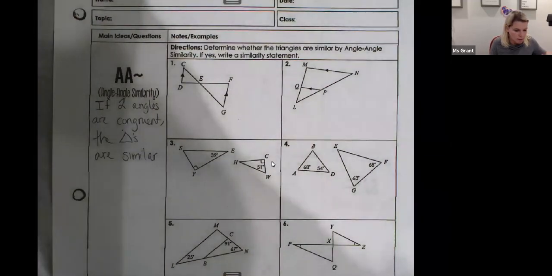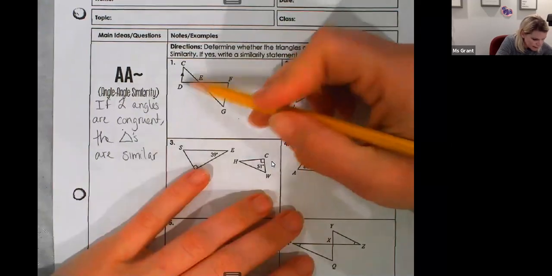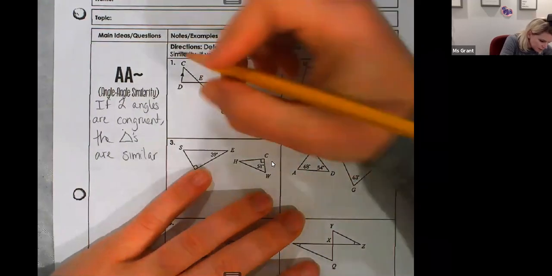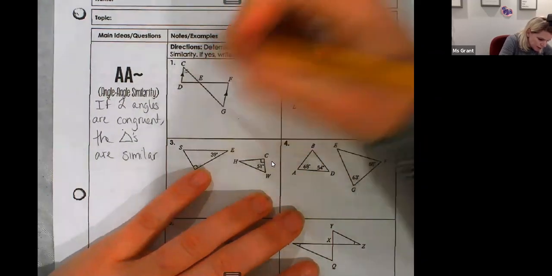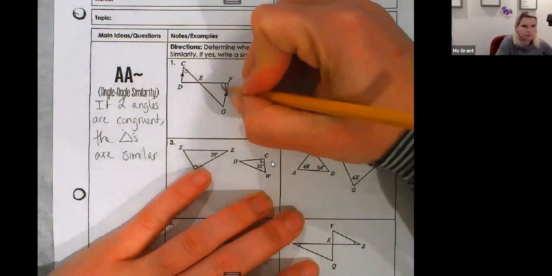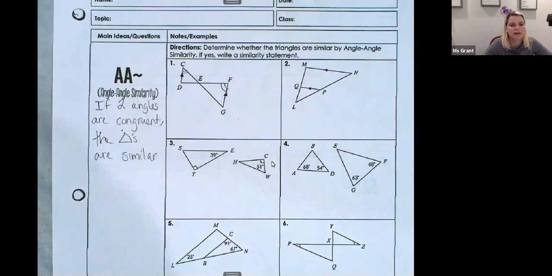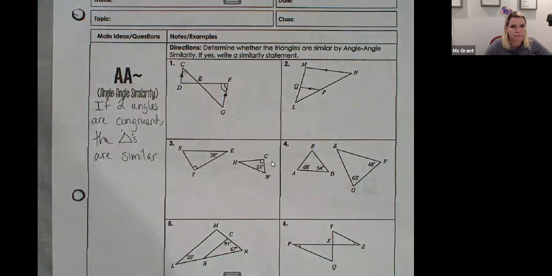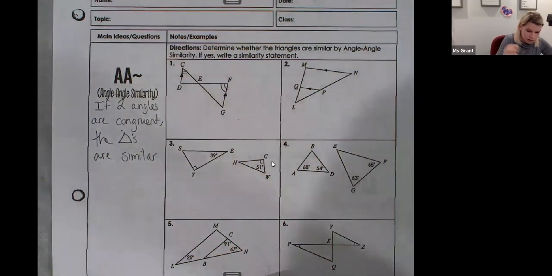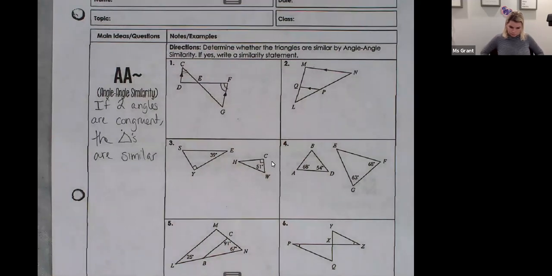There's a reason that they told me that the lines were parallel lines, because I'm going to do alternate interior angles. Alternate interior angles. So what other angles are congruent in these triangles?